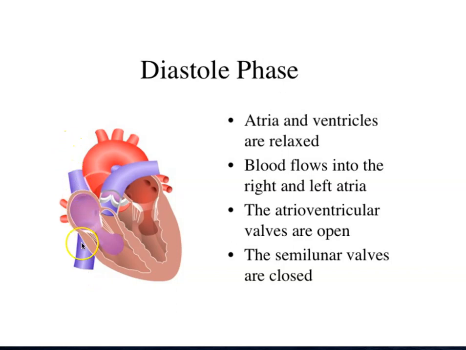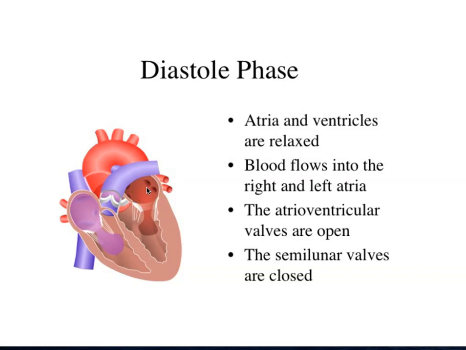Here we have the superior and inferior vena cava taking blood into the right atrium. And then here's the left pulmonary veins taking blood into the left atrium. And this is showing you the right pulmonary veins. You can see little holes there where they're taking their blood into the left atrium.